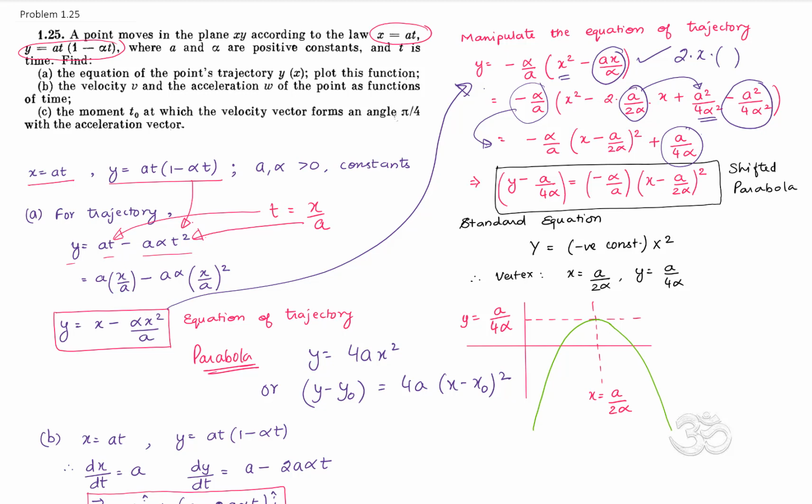This is a shifted parabola whose vertex is not the origin. The vertex of this will be y is equal to a by 4 alpha and x is equal to a by 2 alpha. So this point, and because the constant here is negative, this will have a downward opening section.